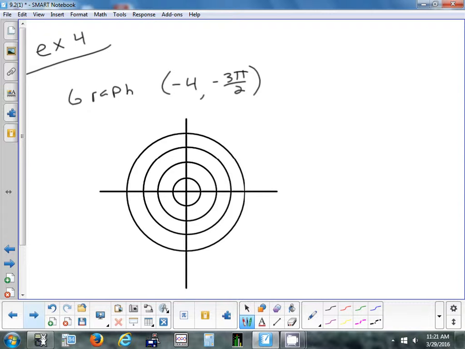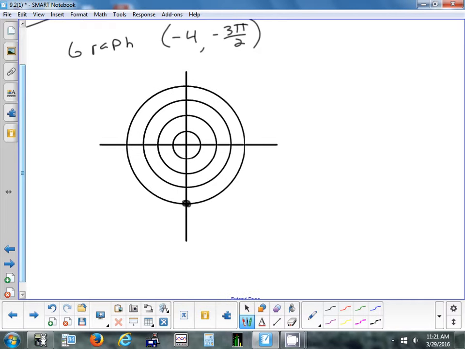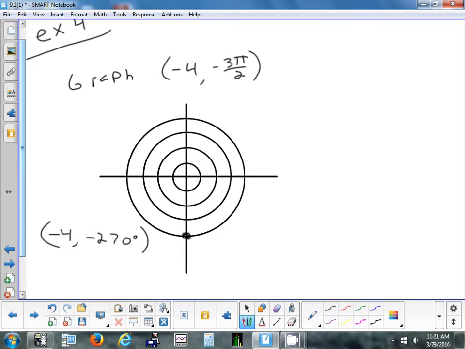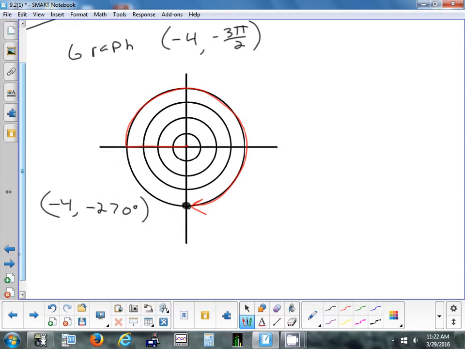So I'm going to go clockwise 270, and I end up right there. So if I do that in degrees, that was negative 4, negative 270. Let me trace that in color, the direction I went. Negative 4, negative 270. What's another way to get to that point besides this coordinate?